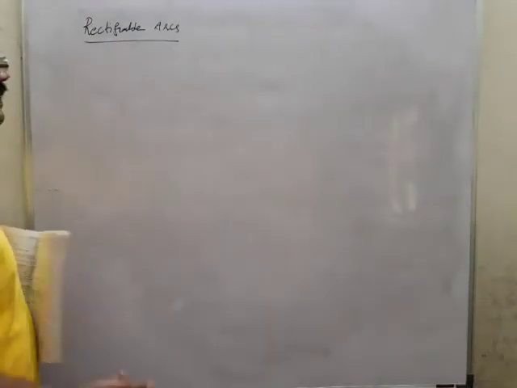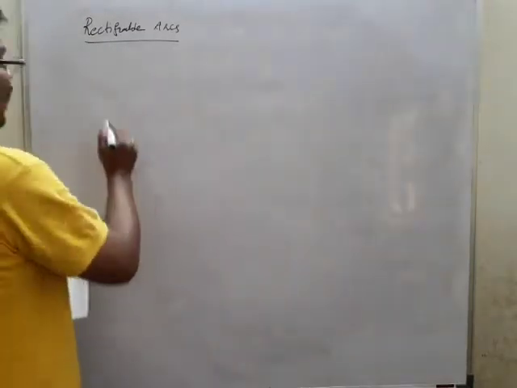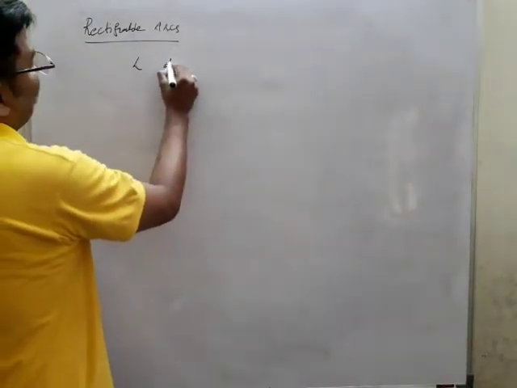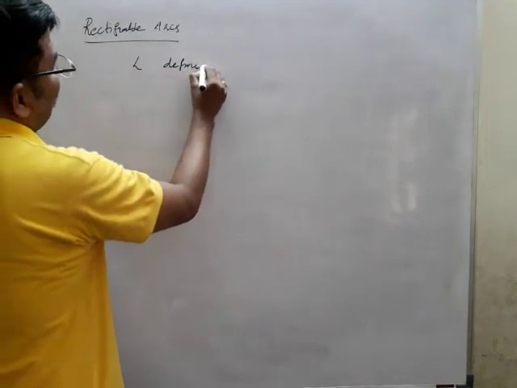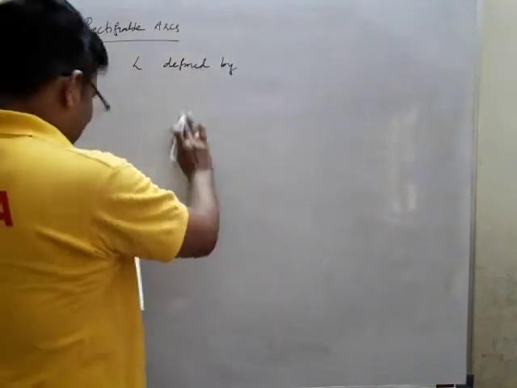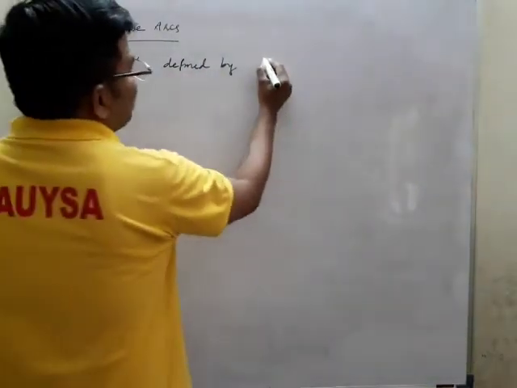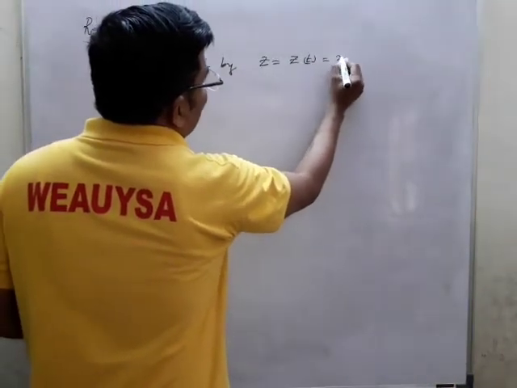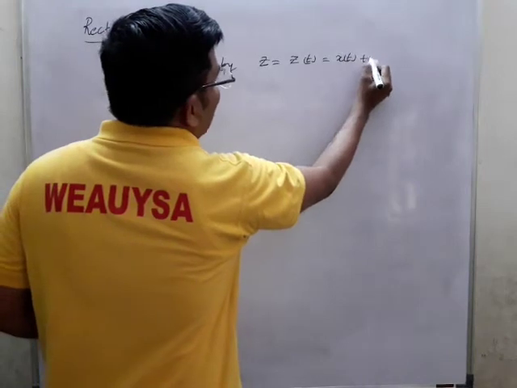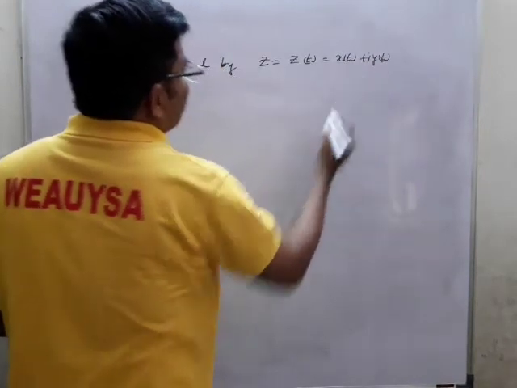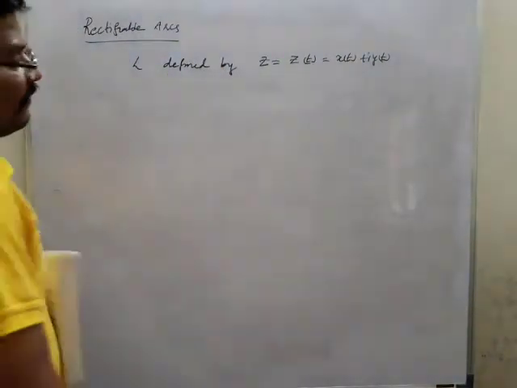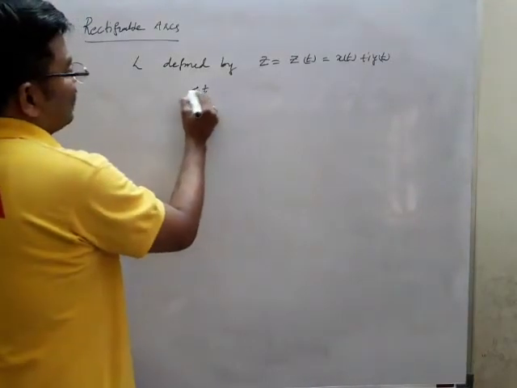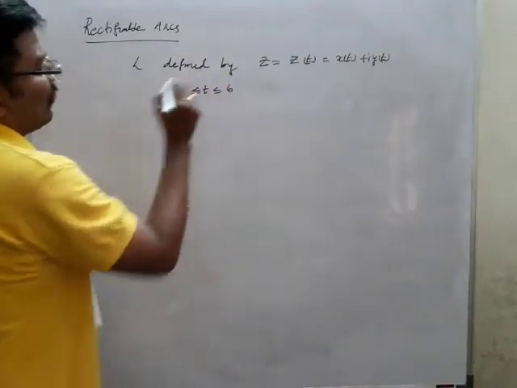Now we'll consider the arc L, which is defined by z is equal to z of t, which is equal to x of t plus i y of t, where t is greater than or equal to a and less than or equal to b.